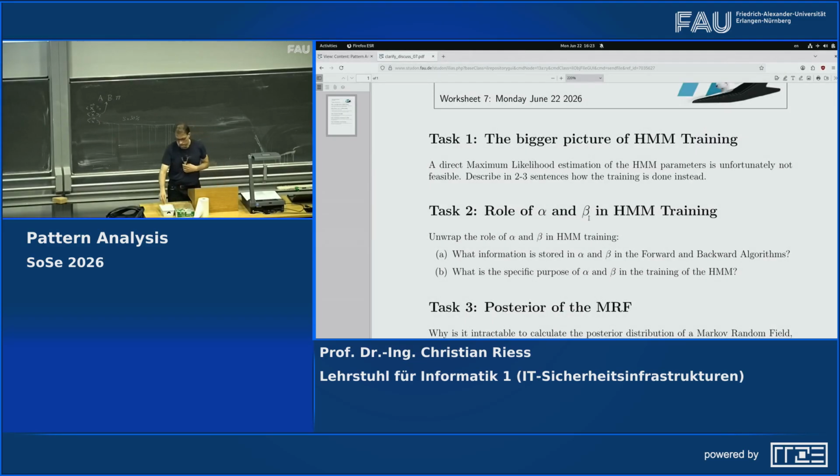It's right. These Baum-Welch formulae. This is an expectation maximization algorithm. So instead of the direct estimation, you always have this two-step type of optimization: let's get an estimate on the hidden variables, and then let's update the parameters for the observations.